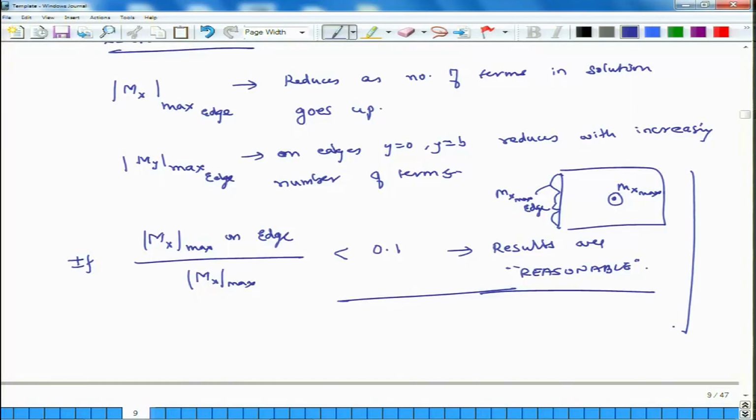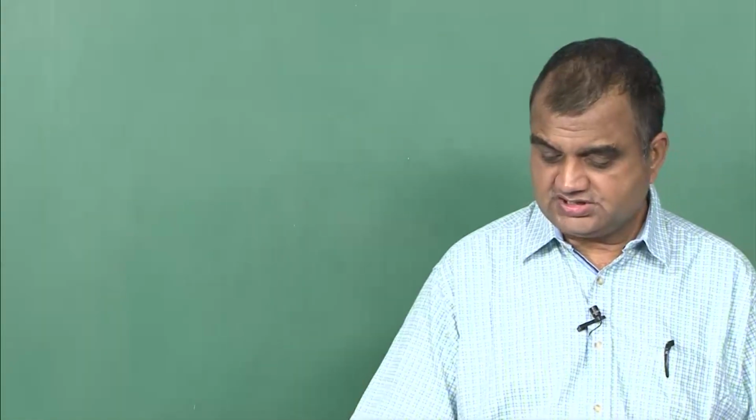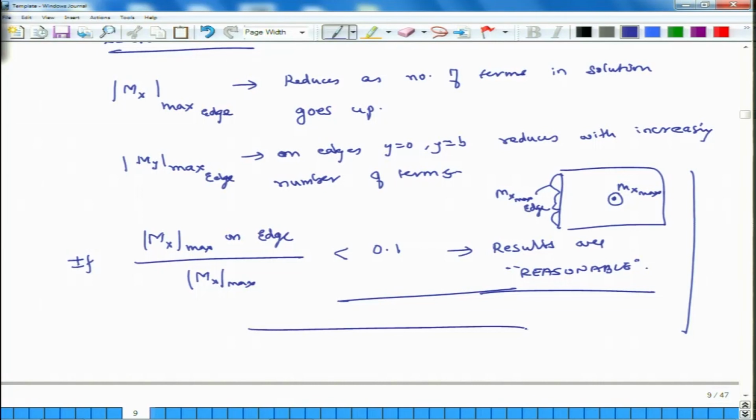So this is a very important feature, and because of this we tend to get some artificially high stresses on the edge, which may not necessarily be there in the real plate, because in the real plate there are no moments on the edges. So this is one artifact which comes up because of D16 and D26.